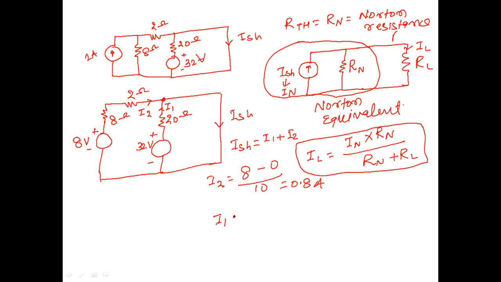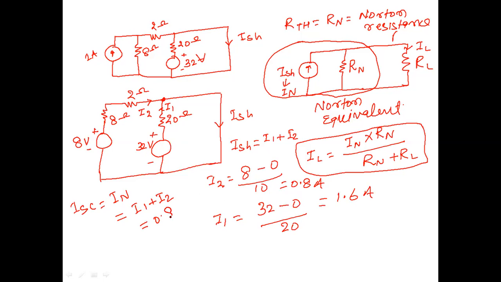I1 will be equal to 32 minus 0 divided by 20. Potential difference divided by resistance is called current, Ohm's law. So it will be 1.6 ampere. So ISC, short circuit current, also called Norton current, will be equal to I1 plus I2, that is 0.8 plus 1.6, which is 2.4 ampere.